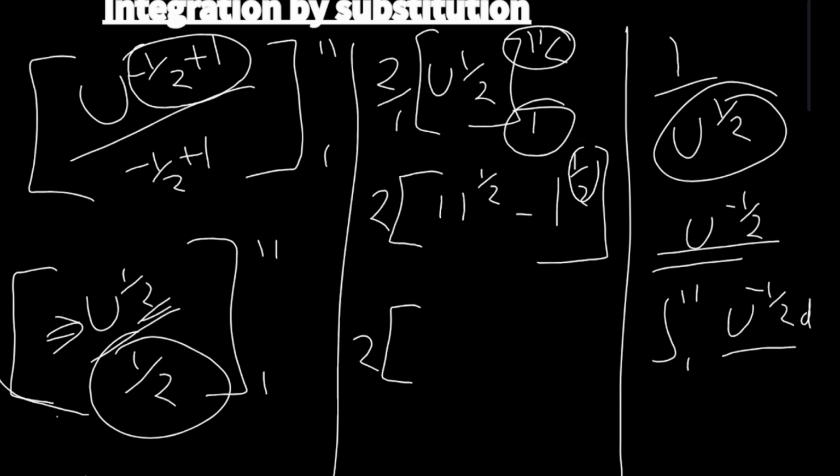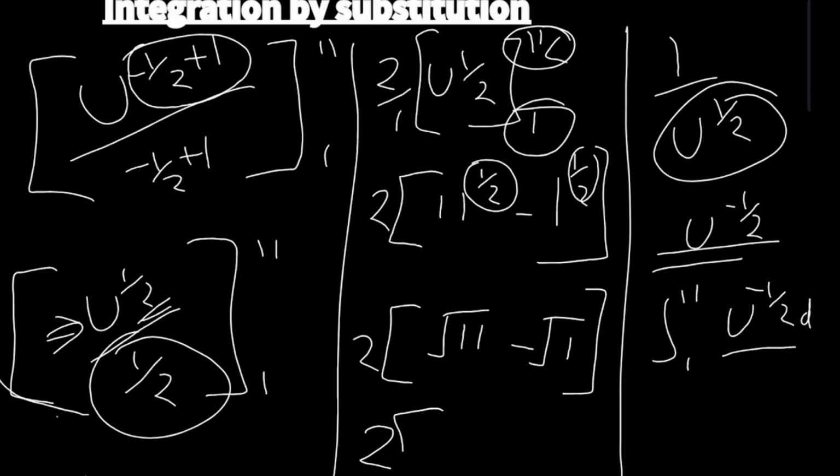Since we have common powers here, 11 raised to a half becomes root 11 minus root 1. This is 2 times root 11 minus root 1. The square root of 1 is 1. So this is our final answer.